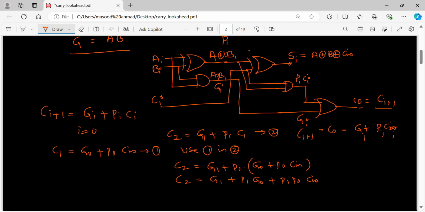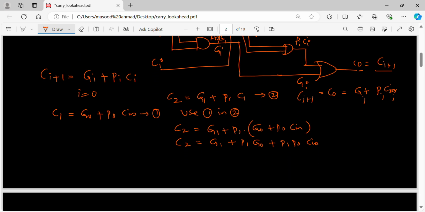Right? So further, if you want C3, what is C3? C3 is nothing but, from this expression when i equal to 2, G2 plus P2 C2.